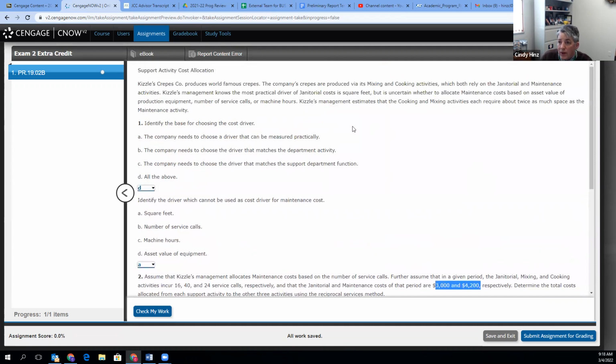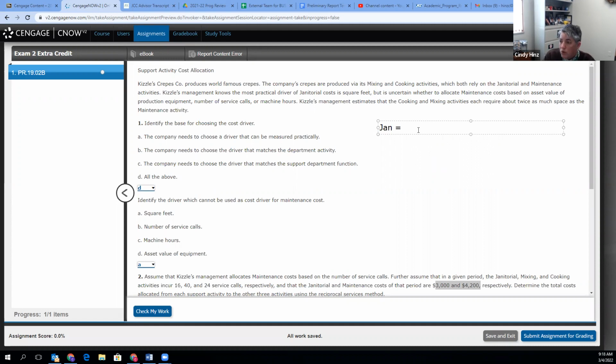So let's start with setting up our equations. I'm just going to use this open white space here so that I can scroll up and down if needed. So we'll start with janitorial, and I'm just going to abbreviate that Jan for space purposes.